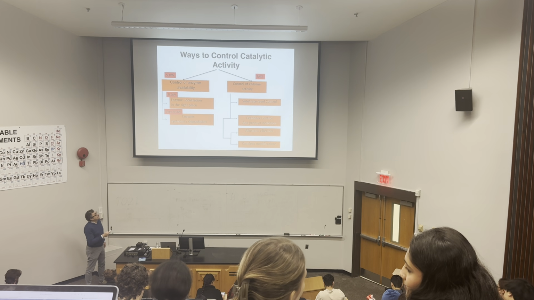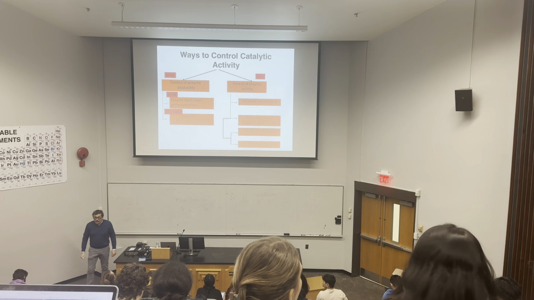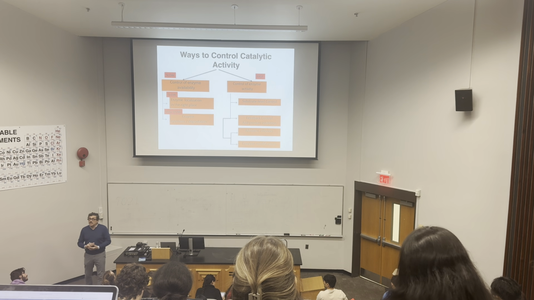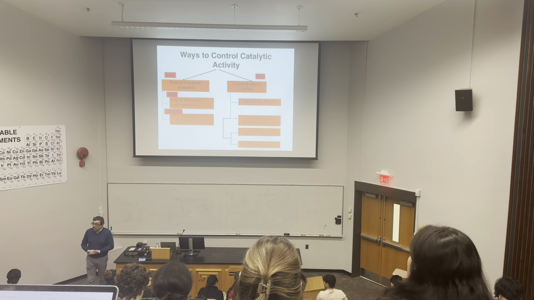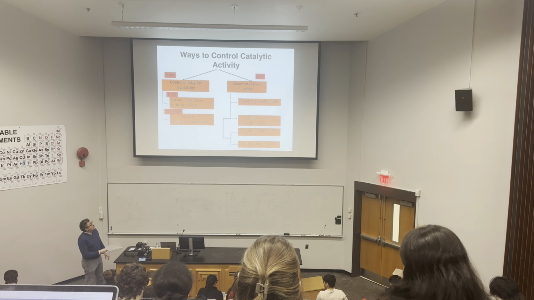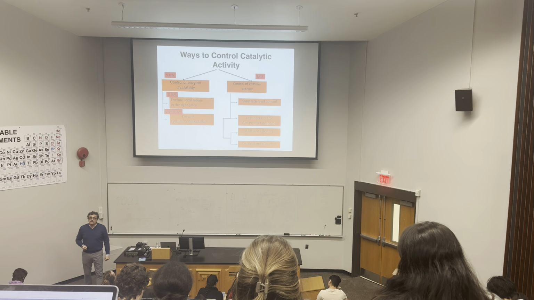Okay? So on the other side, we have the fast situation. The fast situations are really the quick readout that is happening in the cell at that moment. So we have substrate level control.